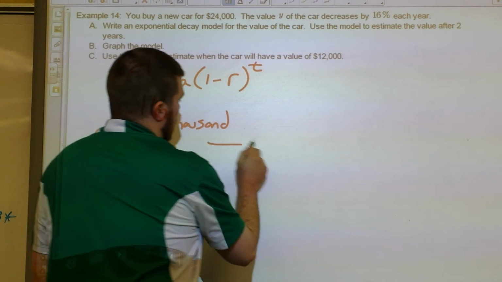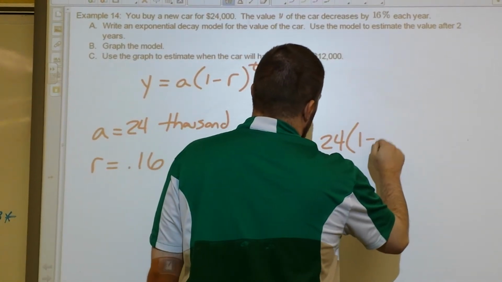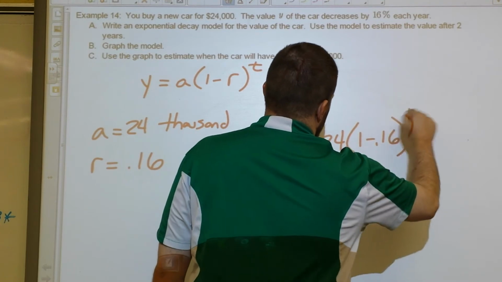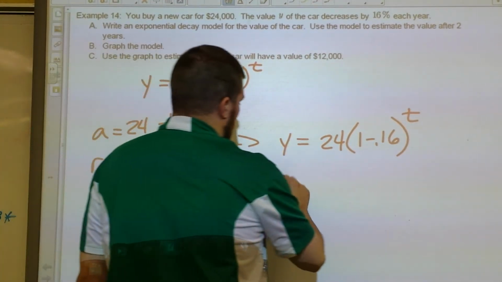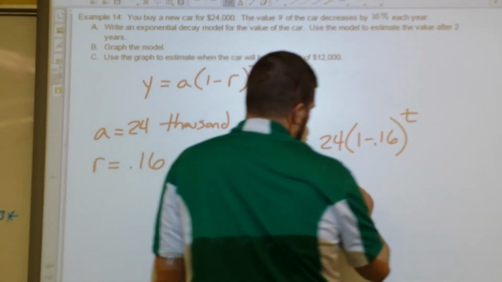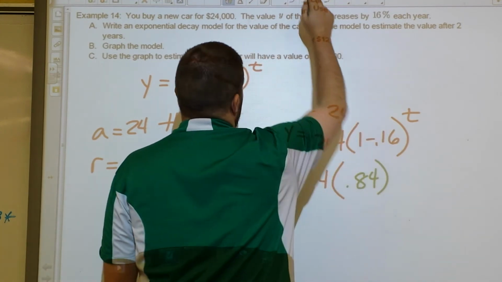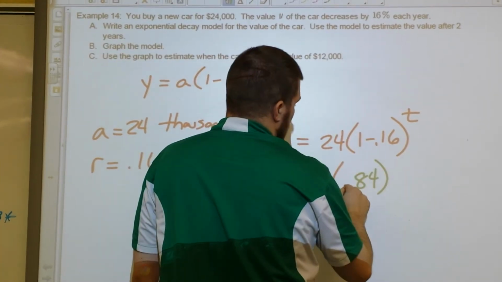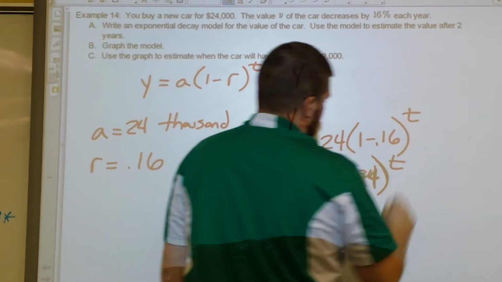So our general model is y equals 24, 1 minus 0.16 to the t power. I want to clean this up as much as I can. So y equals 24, 1 minus 0.16 is 0.84. I don't know why that went to green all of a sudden. Let's go back to red. And still to the t power.